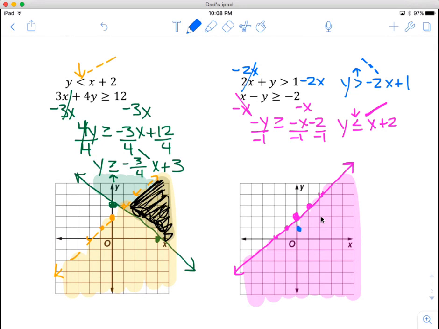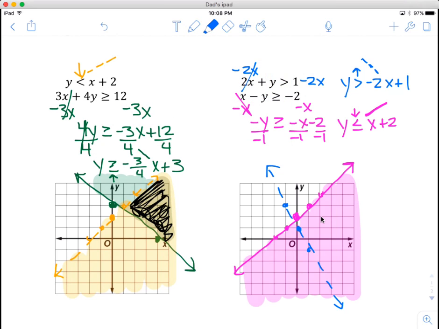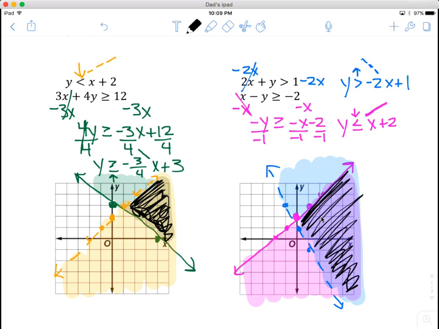It goes down 2, over 1, or up 2, backwards 1. And it's a dotted line. And it's going to shade up. Which makes our intersection the shaded area of both right here.